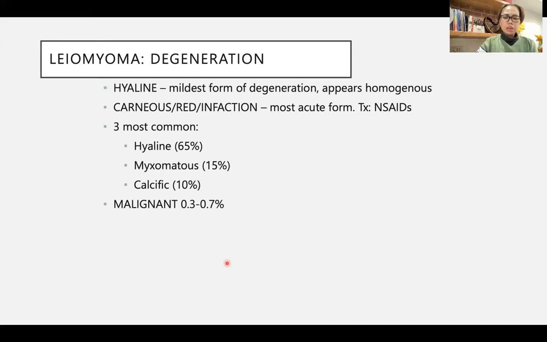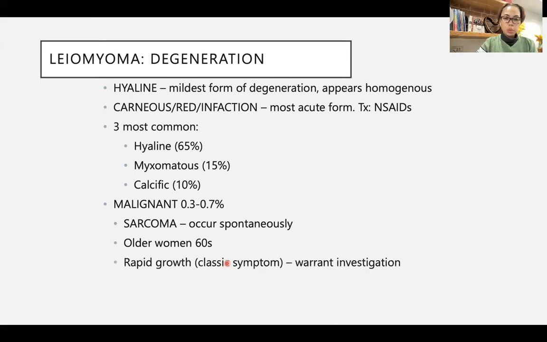There is what we call the sarcoma, which occurs spontaneously. It appears like a leiomyoma, but it occurs more in older women, around 60 years old, and there is rapid growth.